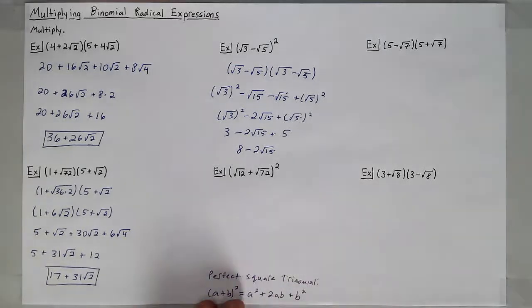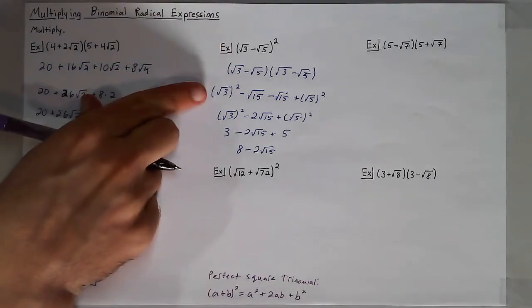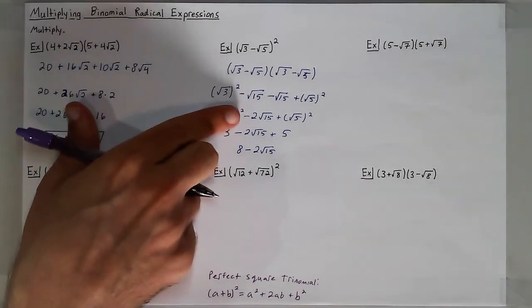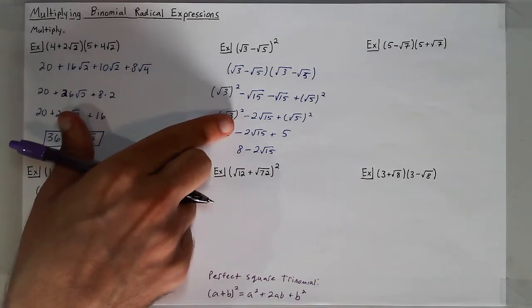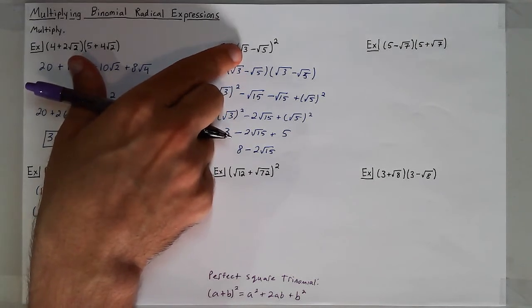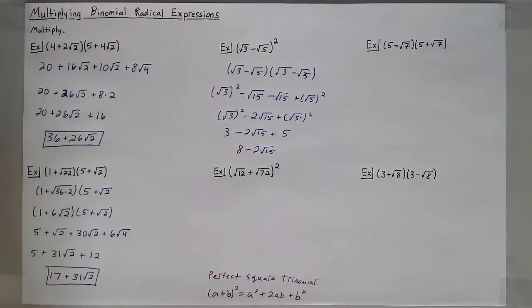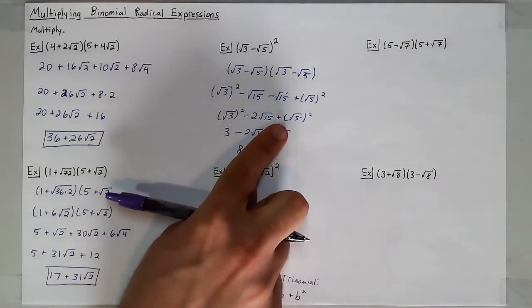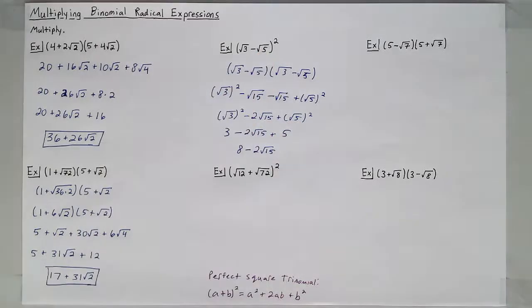And what you're seeing here now, if I compare it, is the square root of 3 squared plus 2ab. But here I have a minus 2. That's because the a and the b here is 3 and negative square root of 5. That would create a negative square root of 15. So 2 of those plus the square root of 5 squared, the second term.